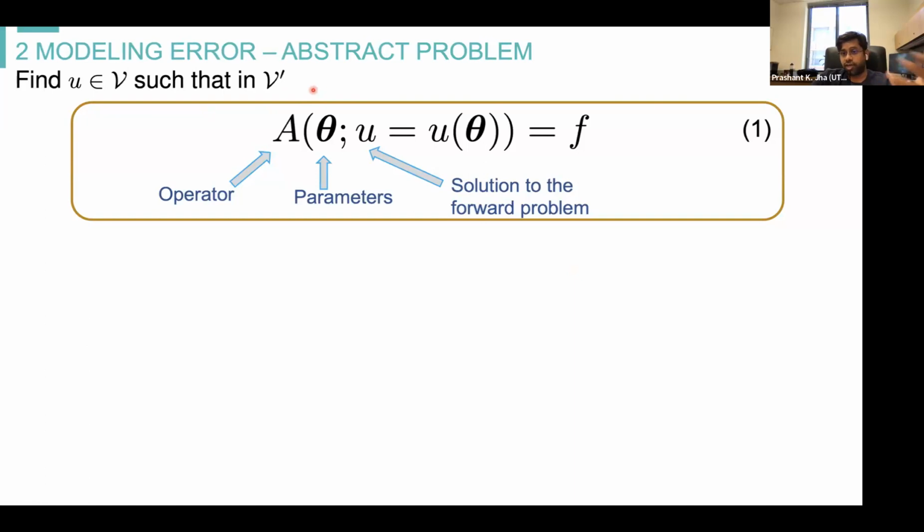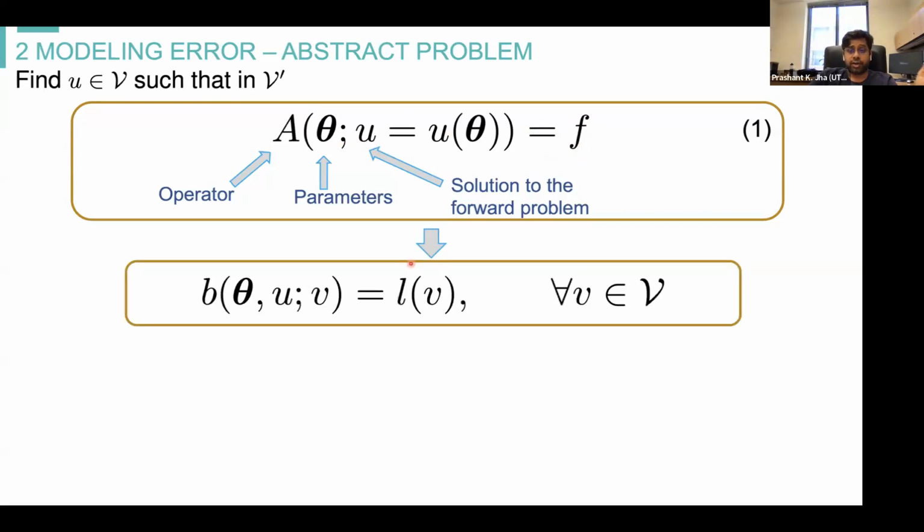So let me start with the abstract problem. We are looking at this abstract problem where we are seeking a solution of equation 1, where A is an operator, a differential operator. It depends on model parameter theta, U is a forward solution, and there is some given forcing function F. We can then convert this problem, which is the strong form, into a weak form.